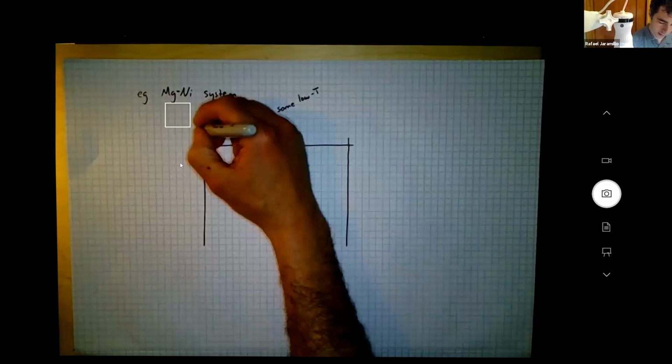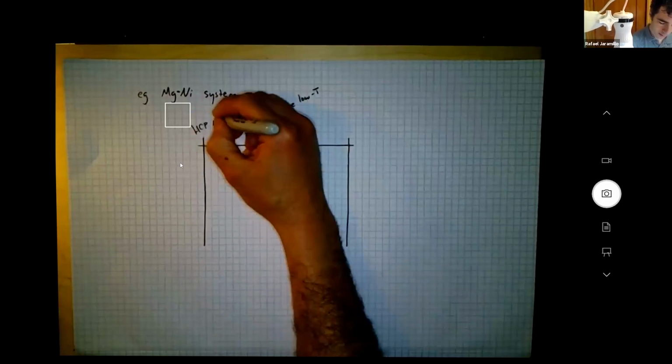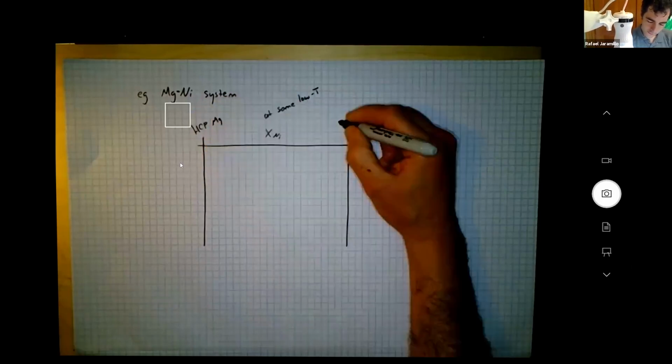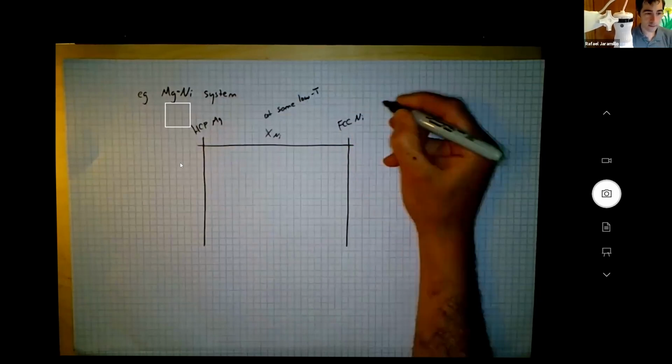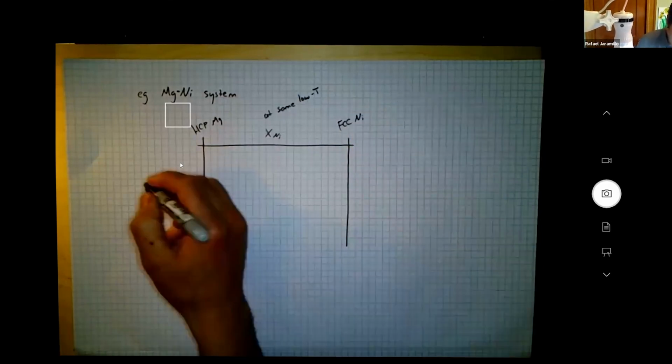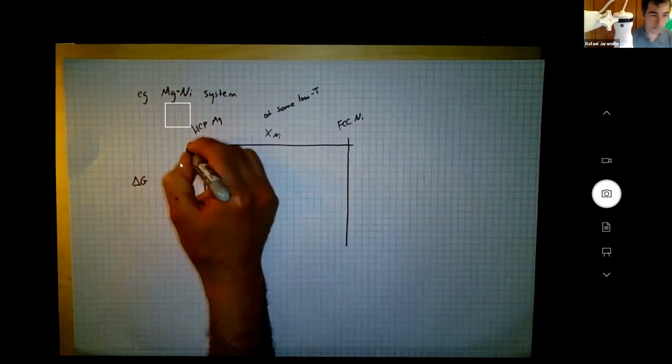Here we have HCP magnesium on the left-hand side, FCC nickel on the right-hand side. This is going to be delta G, and here's 0.